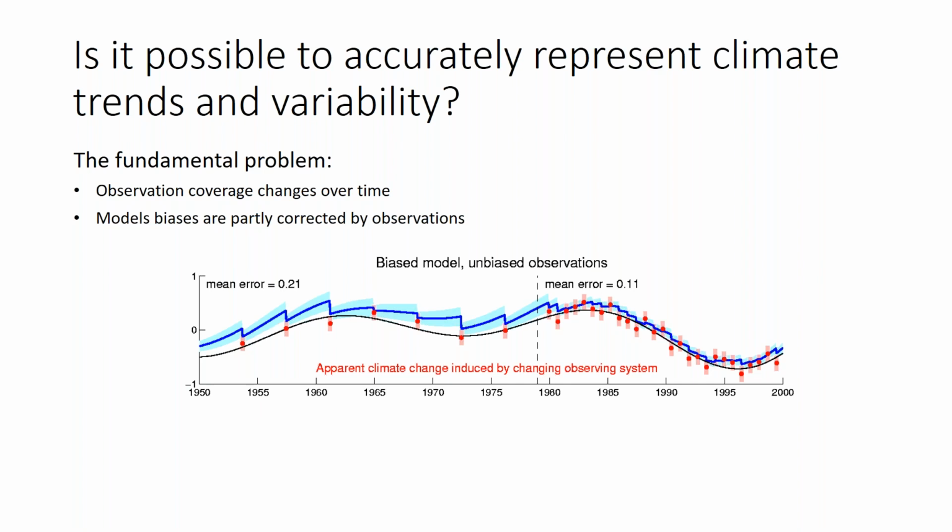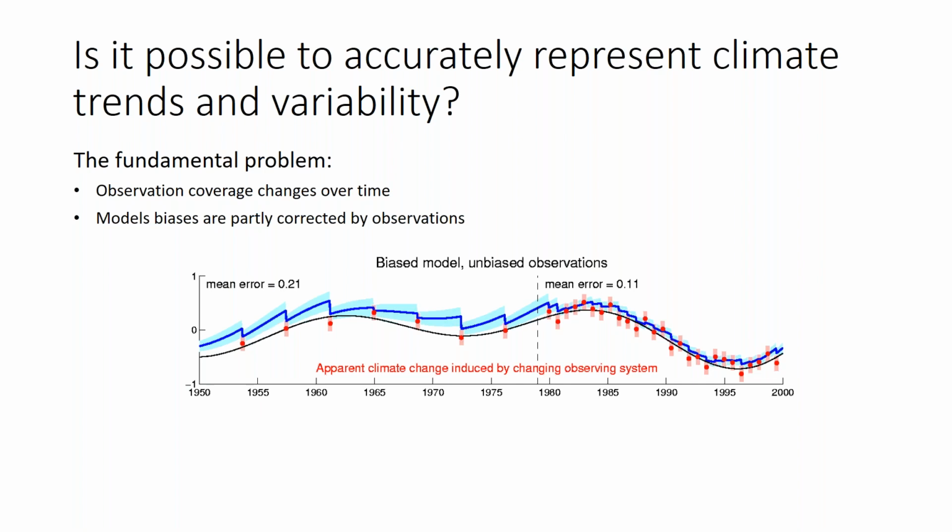here's the black line represents the truth, let's say, the true climate, and you have observations in red, and you have a model that produces short forecasts in a data assimilation system, but the forecast is biased, so it's always drifting.